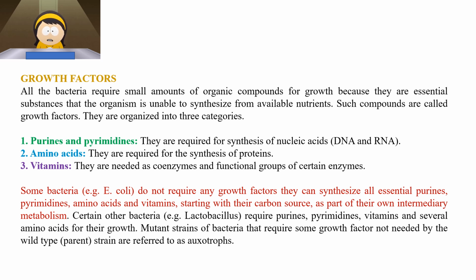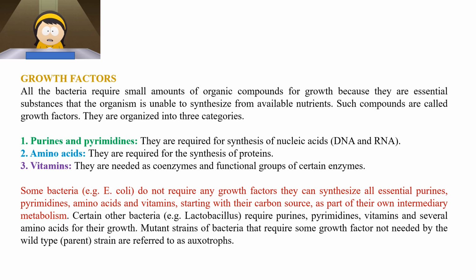They are needed as coenzymes and functional groups of certain enzymes. Some bacteria, e.g. E. coli, do not require any growth factors. They can synthesize all essential purines, pyrimidines, amino acids and vitamins, starting with their carbon source, as part of their own intermediary metabolism.